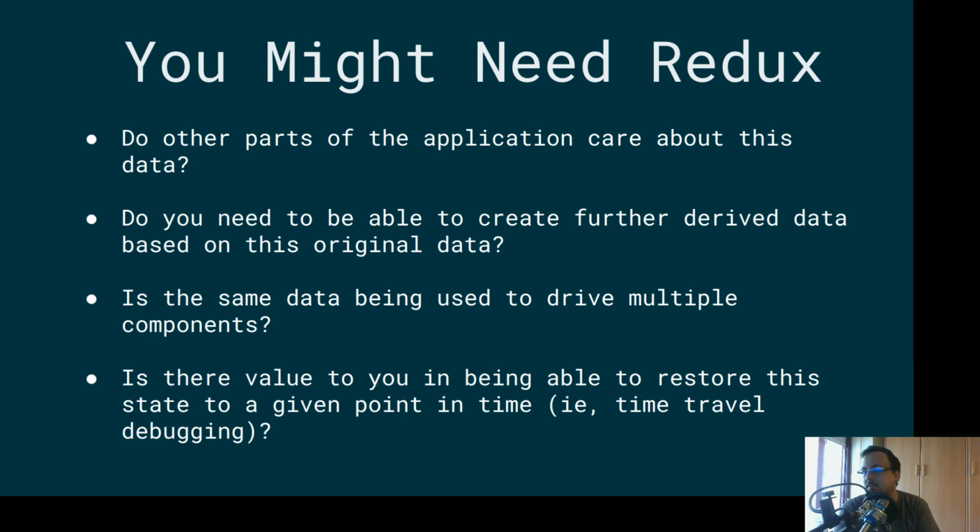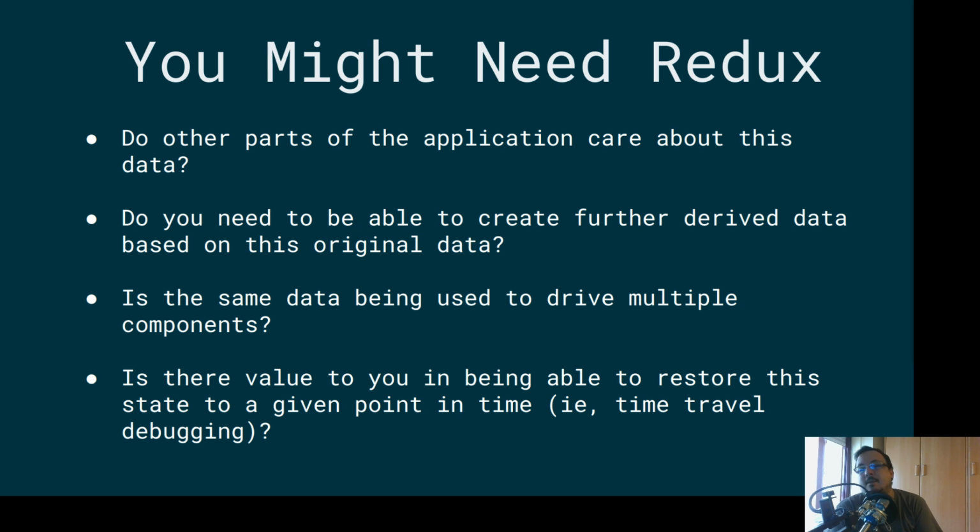In that case, it might be good to use Redux. It's not the same data, but I want to be in sync with the original data, the father data or the mother data, so I can update the derived data. So this is a good case.